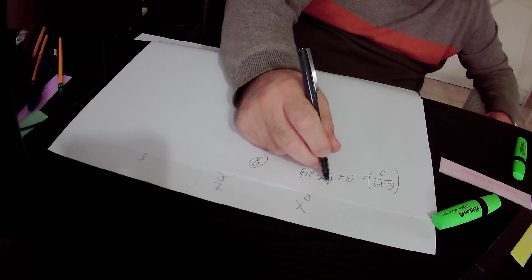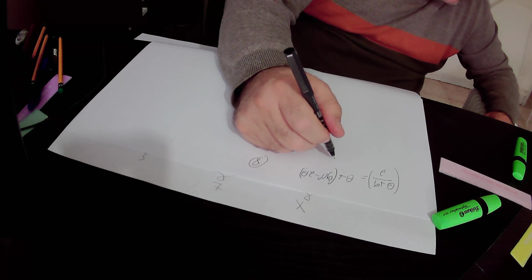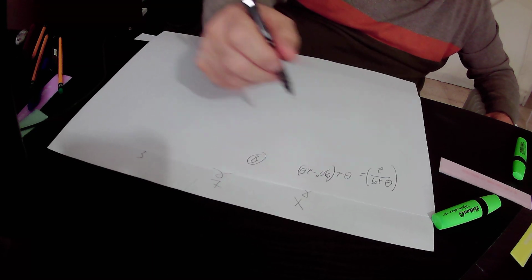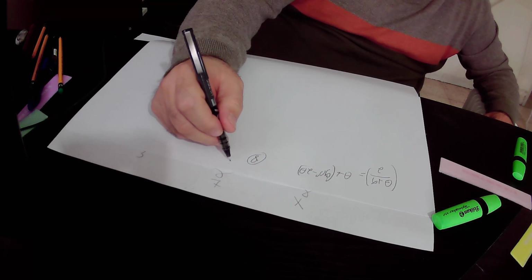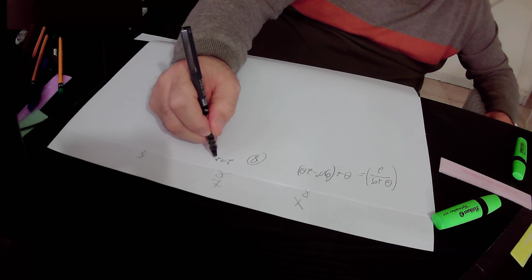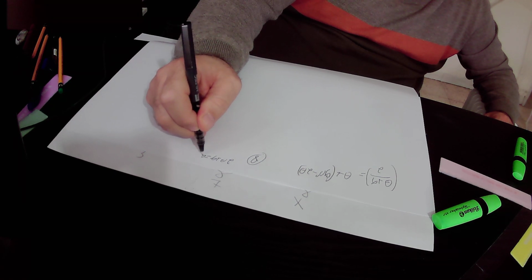It is very easy to see it because 2 theta plus alpha equals 90 degrees.